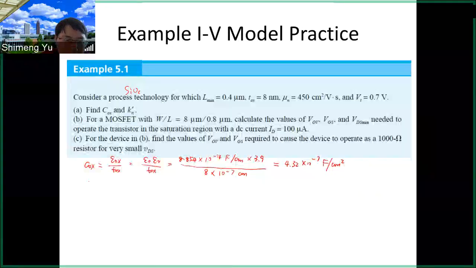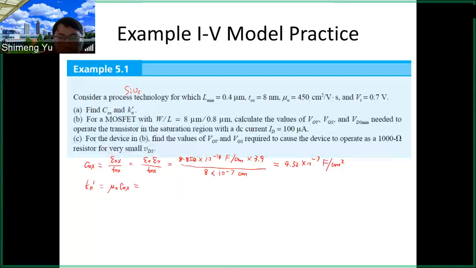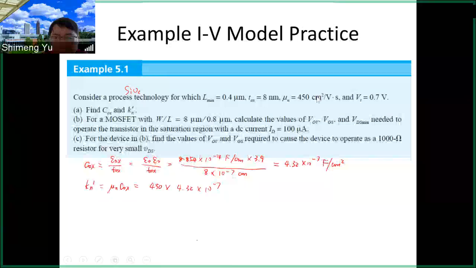And then what is Kn prime? Kn prime by definition is mu n times COX. Just plug in the numbers: mu n here is 450, times this number, 10 to the power negative 7. Because we already converted to centimeter squared, those centimeter squares will cancel.